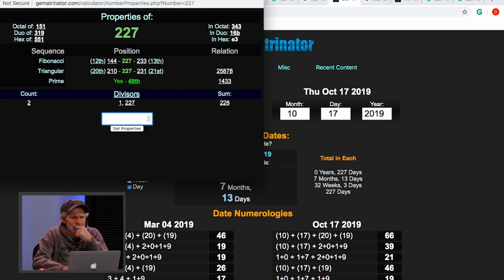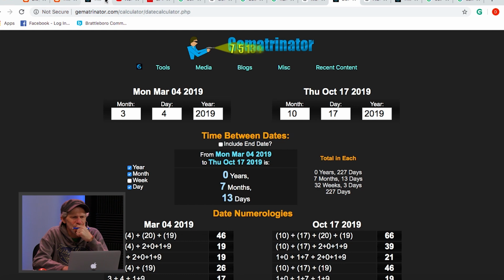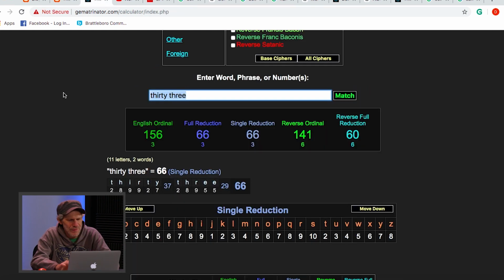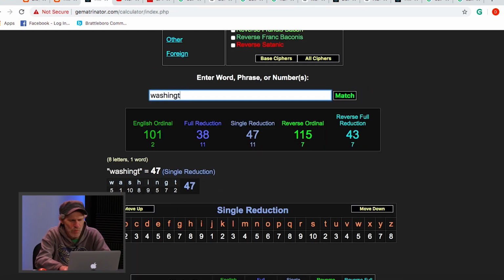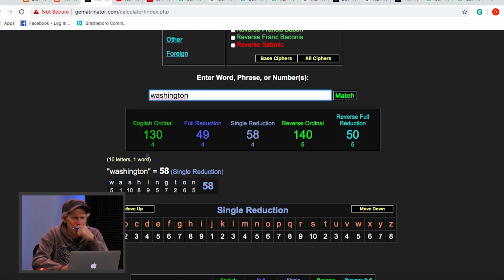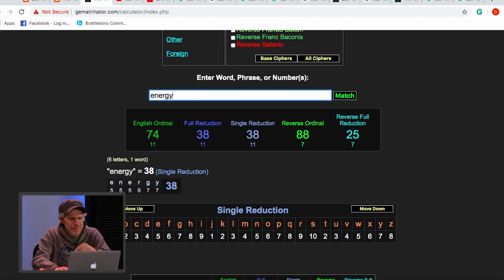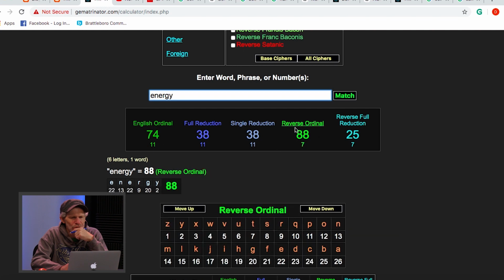And that's interesting because Washington, and this is what's going on, we're talking about Washington, D.C. Washington is 49. He's no longer the energy secretary. What is energy? Energy 74, big number. Also connected to Trump.